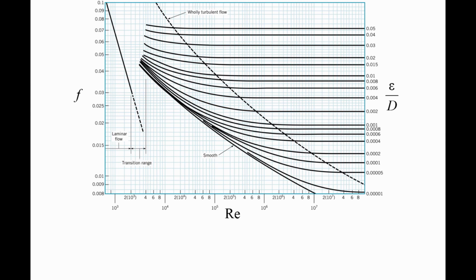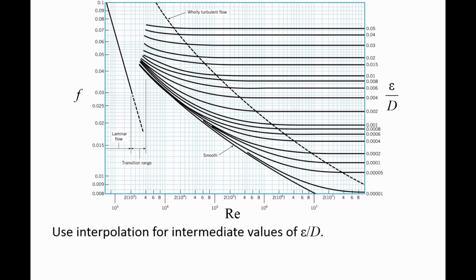Moody charts only show curves for a limited number of relative roughness values. In this particular chart, curves for 18 relative roughness values are presented. When you encounter a pipe flow problem in which the relative roughness is not shown on the Moody chart, a rough interpolation between two adjacent curves usually will suffice.